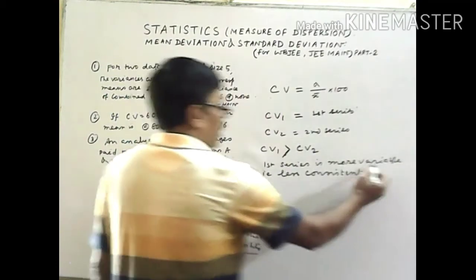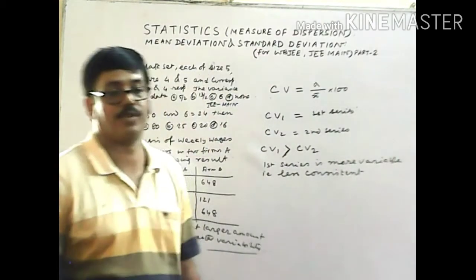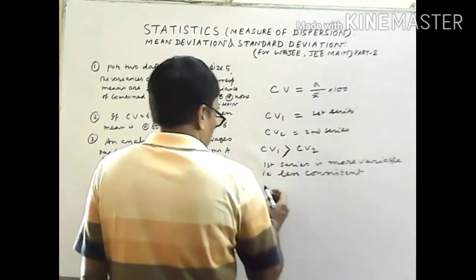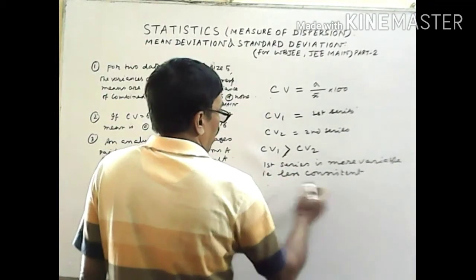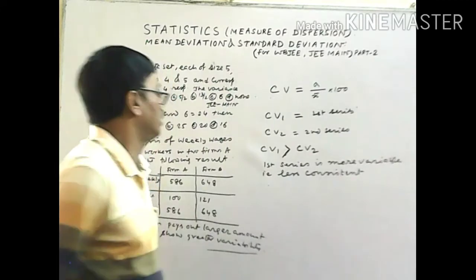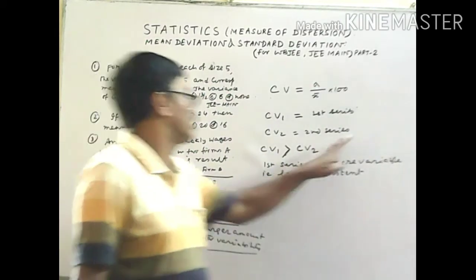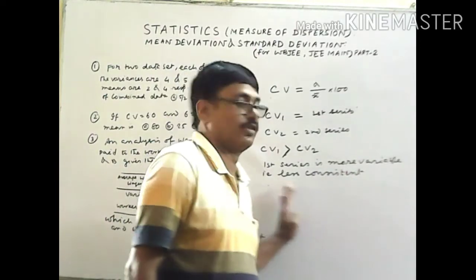And the converse: if CV1 is less than CV2, then it is less variable and hence more consistent.